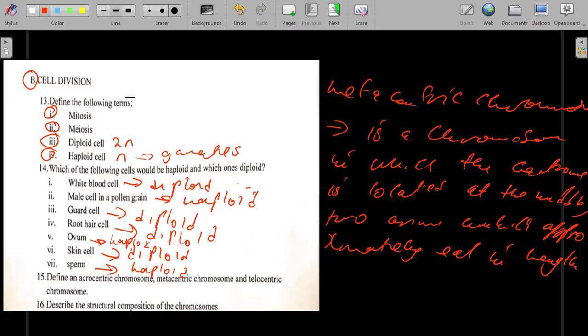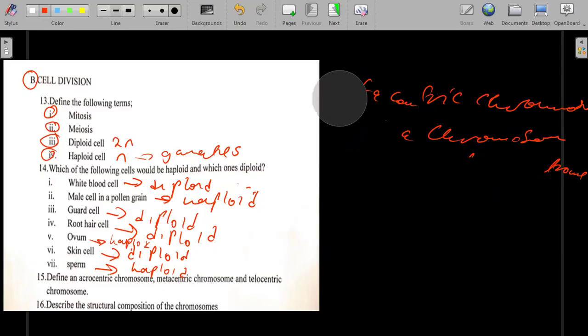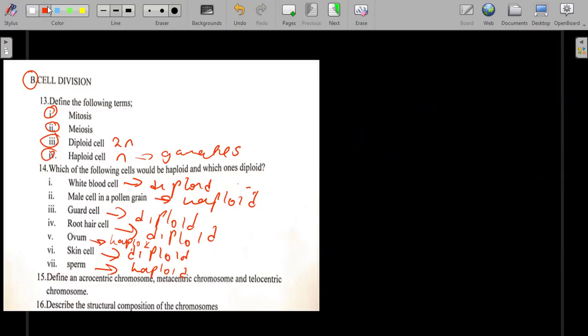Okay, let's do the last part, which is the telocentric chromosome. What is a telocentric chromosome? A telocentric chromosome is a chromosome in which the centromere is located at the very end of the chromosome, so it appears to have only one arm.